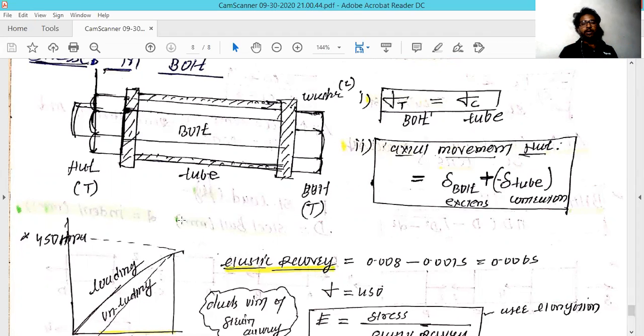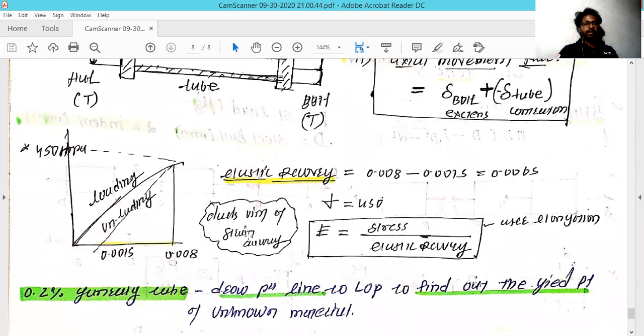So this is how we finish this lecture, and the diagram below I have already explained, to find the total unloading and the total strain developed after unloading. With respect to that, we have to find the modulus of elasticity, and with respect to that, you can find the remaining strain developed in that diagram.